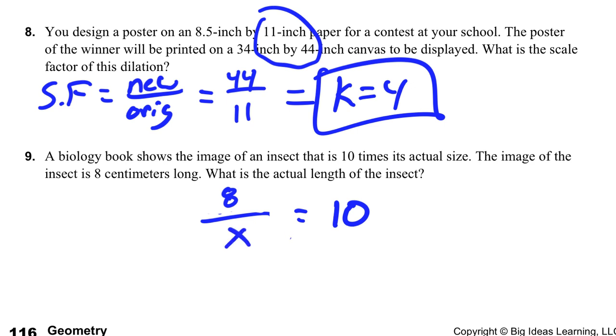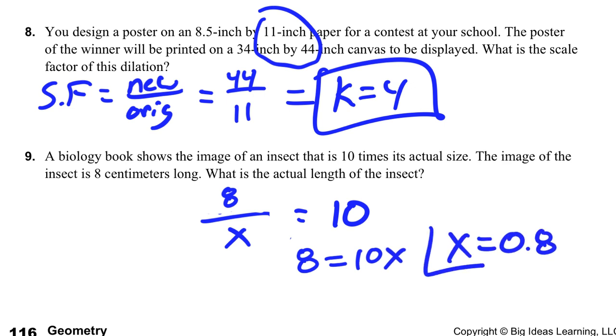So what is the actual length? So we cross multiply, we're going to get 8 equals 10x. If we divide both sides by 10, we get x equals 0.8. So 0.8 centimeters is what we would get here for the actual size of the insect.